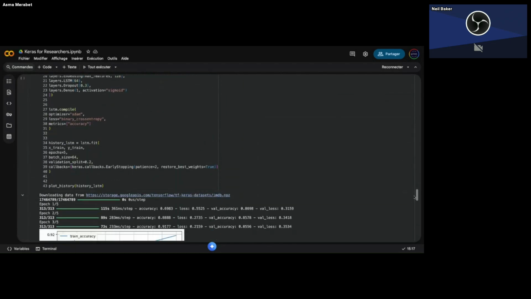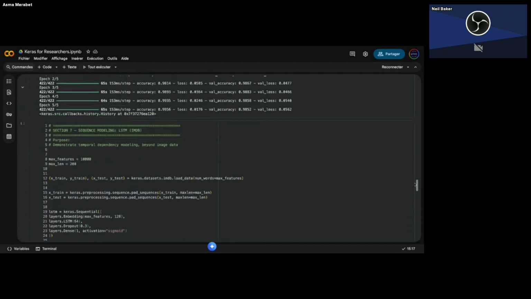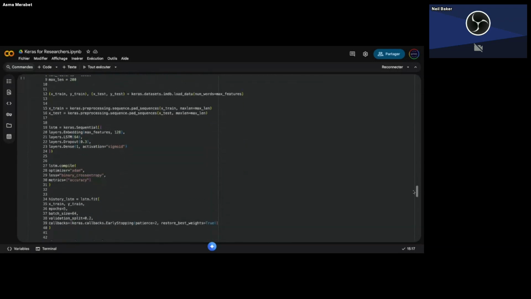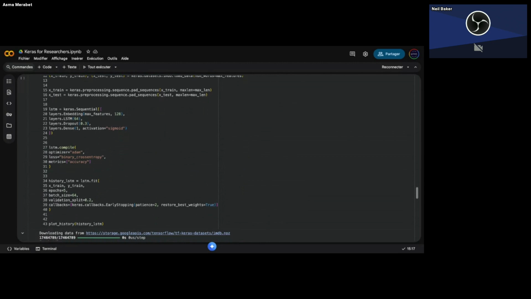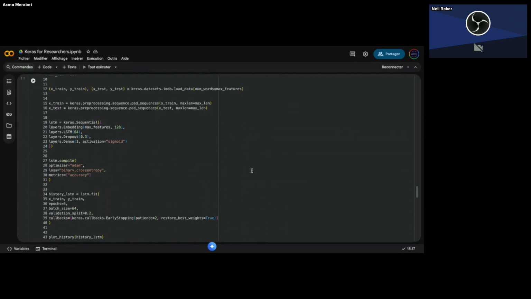And this last one is for the LSTM. So the LSTM needs to have an embedding layer. It captures the long-term dependencies. We put here the dropouts for reducing overfitting, and the dense layer that outputs sentiment probability.